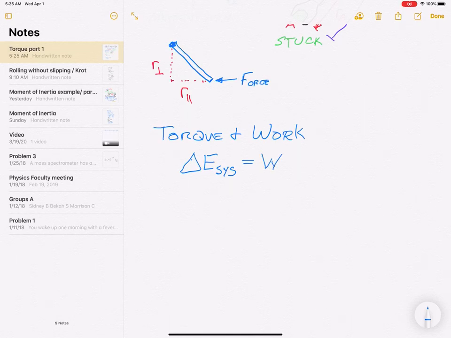But what happens if the energy of our system is something like the kinetic energy of rotation? Then we have something that is spinning, but our definition is force dot dr.